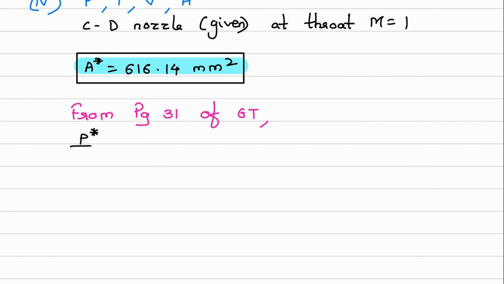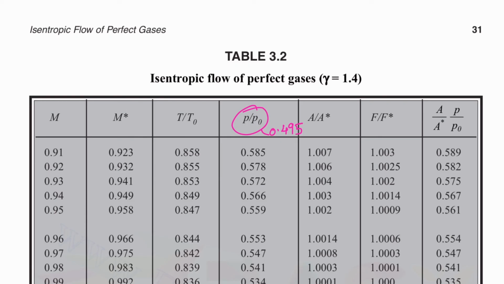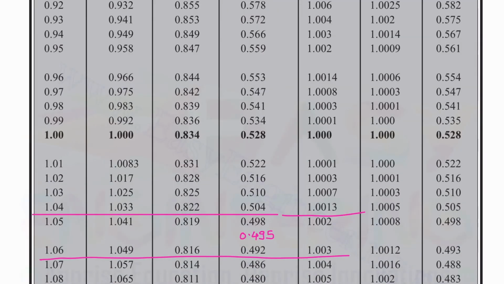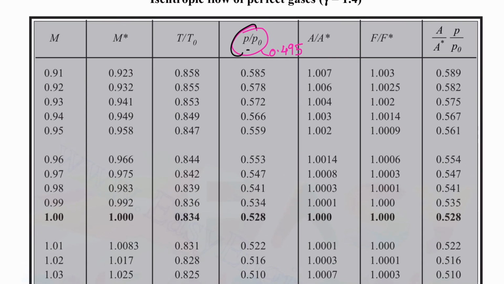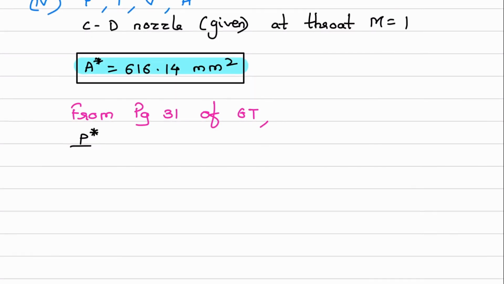There it is actually written P by P0, but for Mach number equal to 1 at throat, it becomes P star by P0. Same way, at Mach number equal to 1, this becomes T star by T0 for throat. So this is P star by P0, that value we have read already, 0.528.